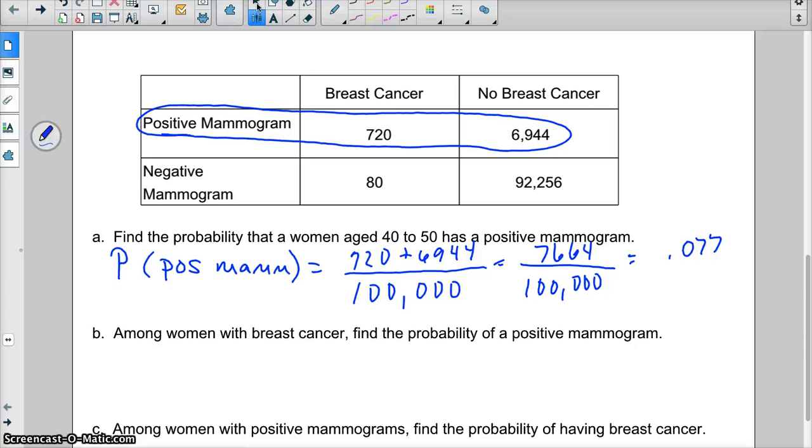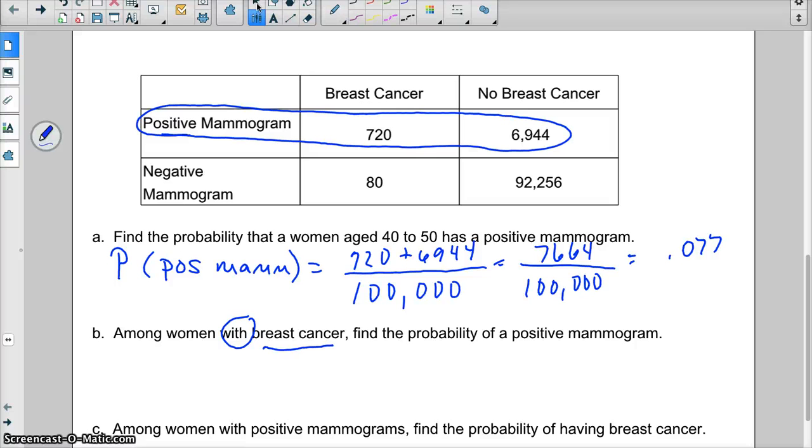Okay? Let's look at B. Among women with breast cancer, find the probability of a positive mammogram. Didn't we just find the probability of a positive in A? What's the difference between what question A is asking and what question B is asking?